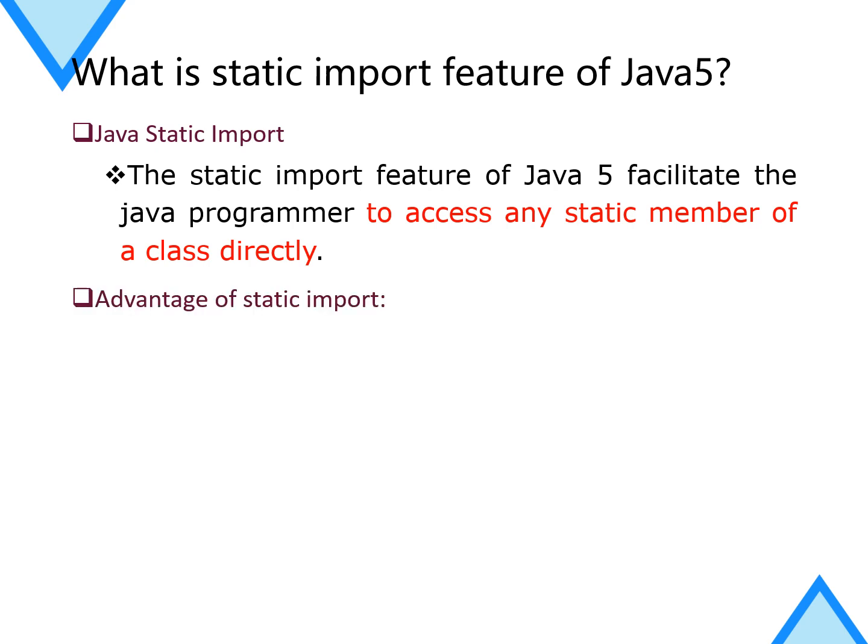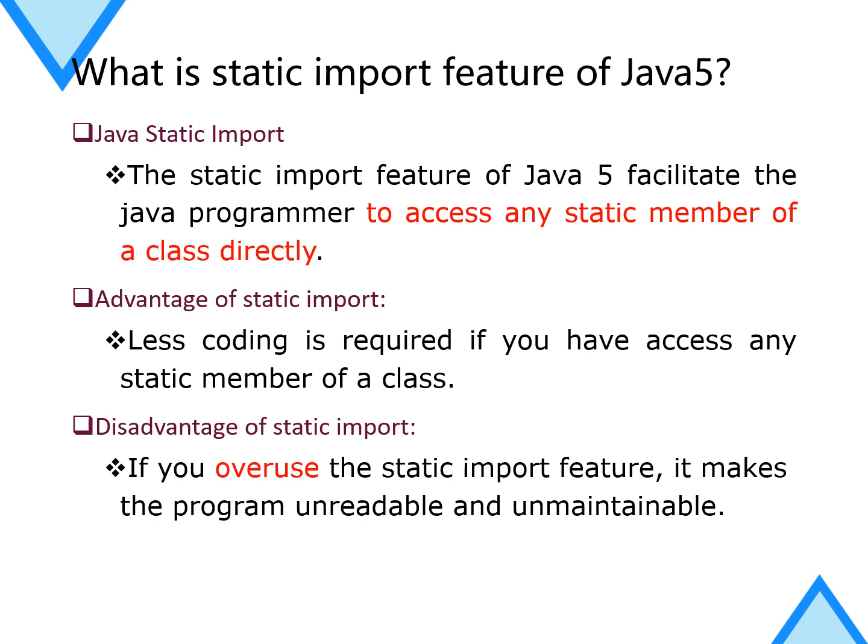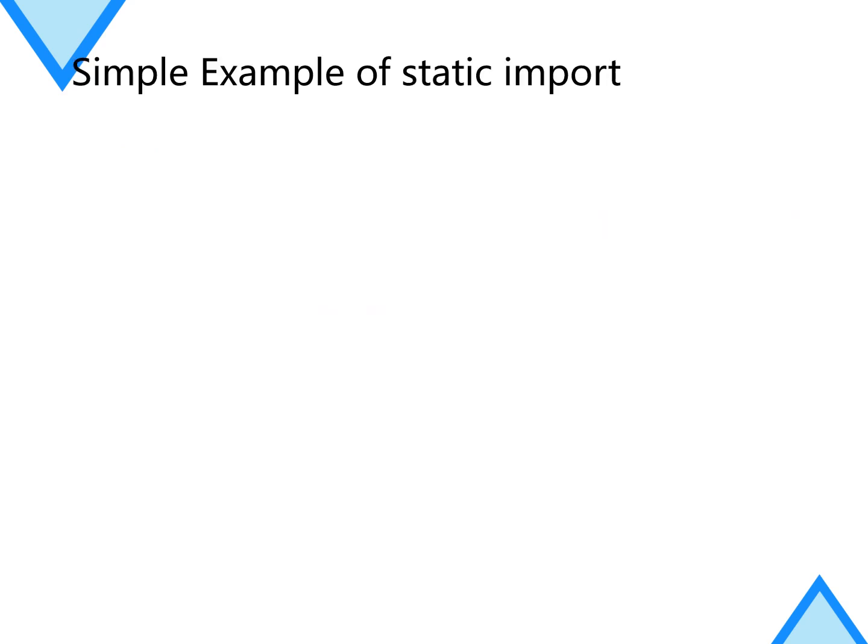What is the advantage of static import? Less coding is required if you have to access any static member of a class. What is the disadvantage of static import? It hurts readability and maintainability. If you use the static import feature, it can make the program unreadable and unmaintainable.